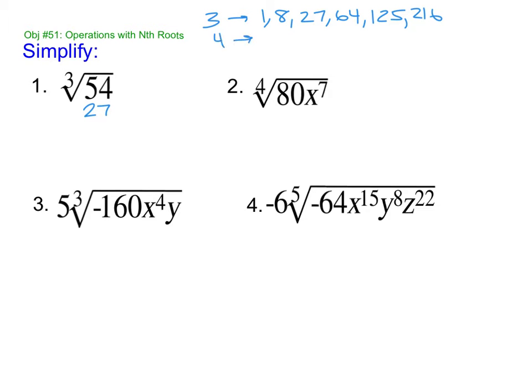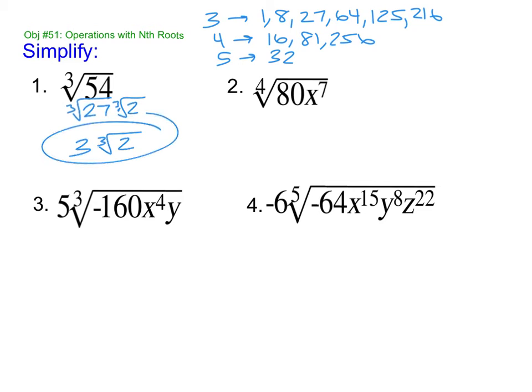The fourths are 16, 81, 256. The fifths are 32, I only know 32. I don't know what comes after that. So this is 27 times 2. The cubed root of 27 is 3, and then cubed root of 2. Done.